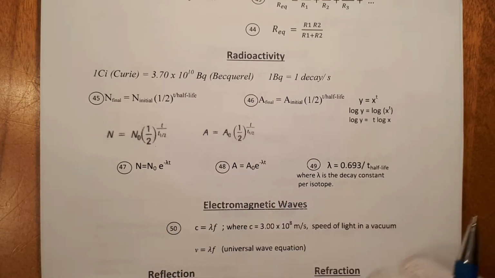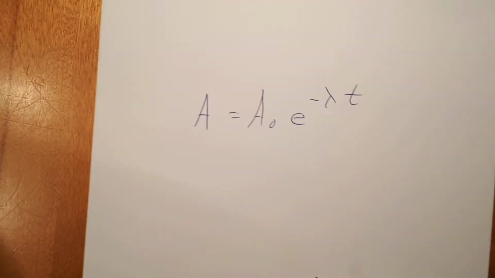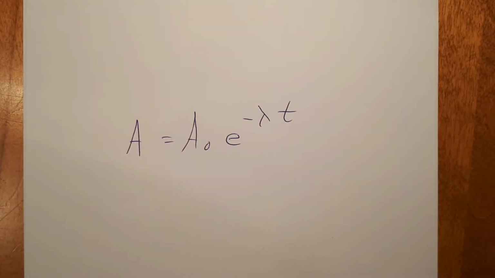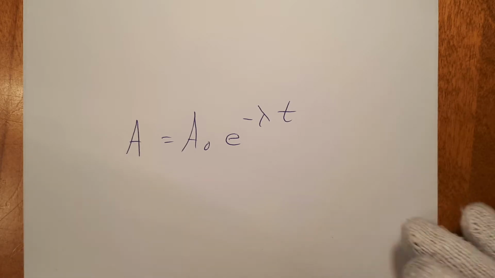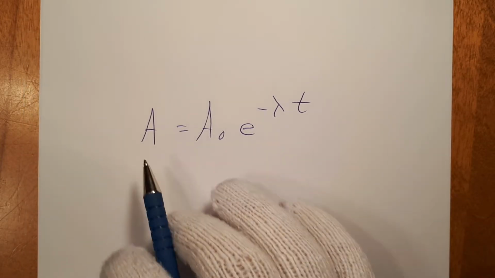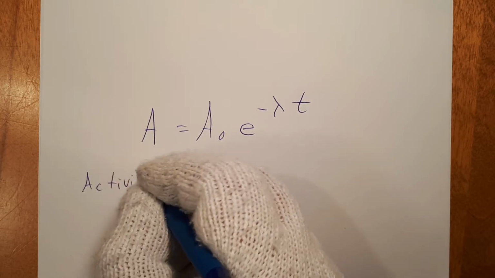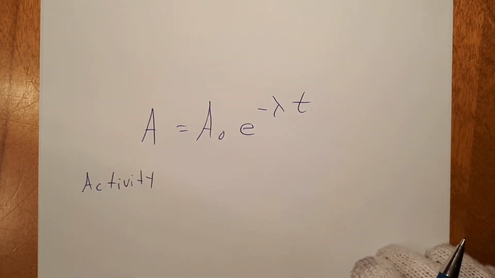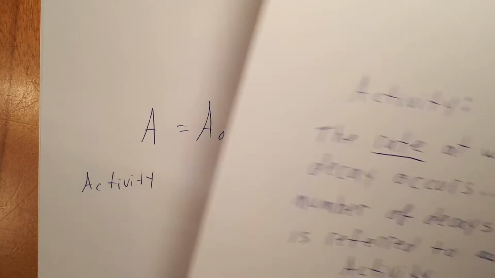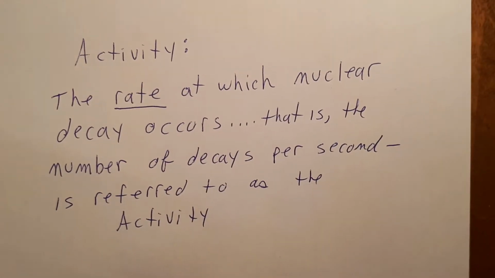Looking at equation 48, here it is. A represents activity. Activity is defined as such.